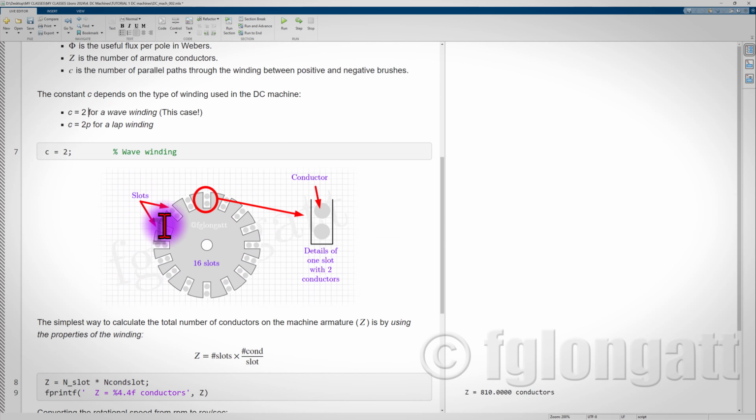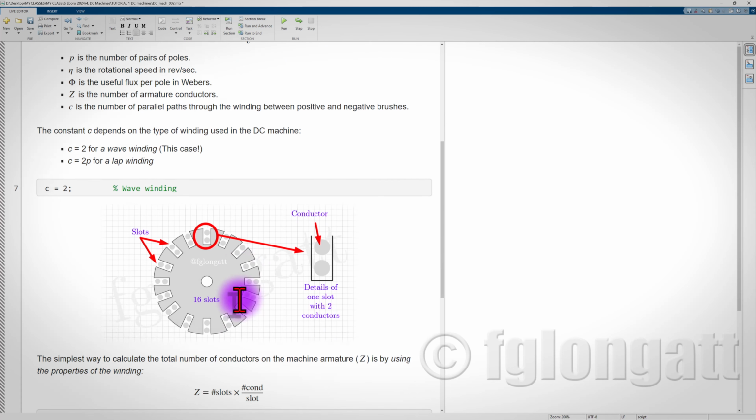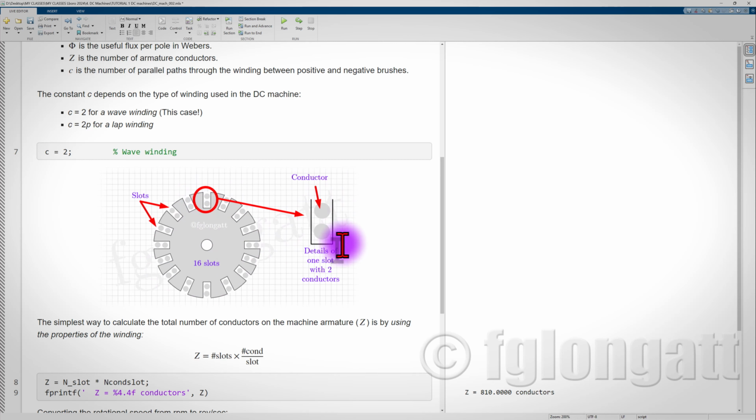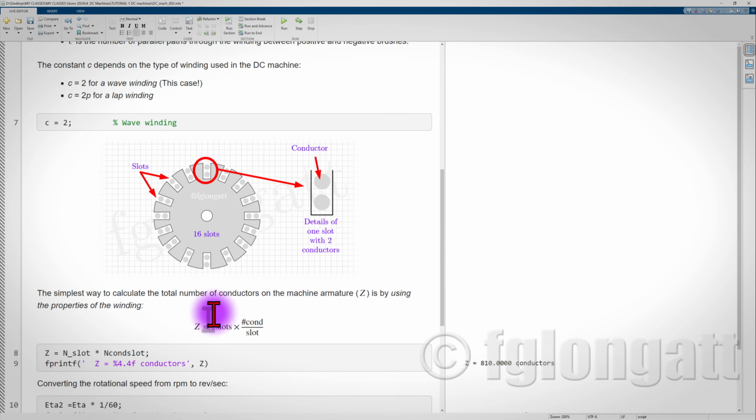So the next step is to determine the total number of conductors at the armature. I already explained in my previous video, this is the cross section of one armature, and you can see the details of the number of conductors in the slot. However, you must remember that this is an illustrative example, because in this case we have 45 slots at the armature, and inside each one of those slots we have 18 conductors.